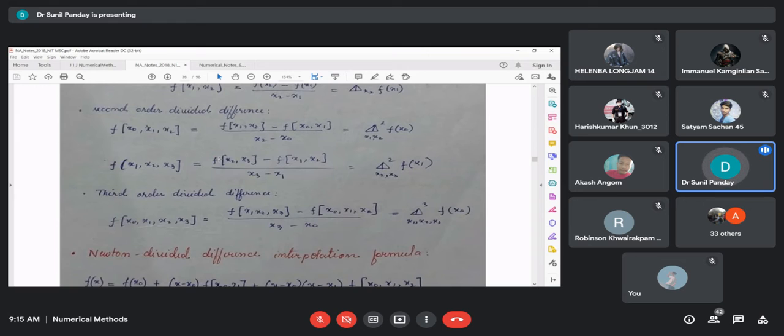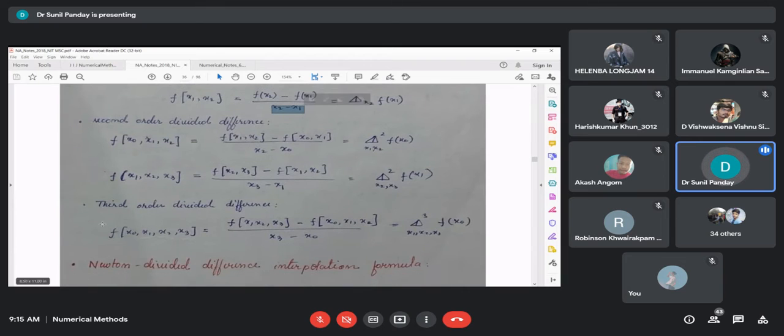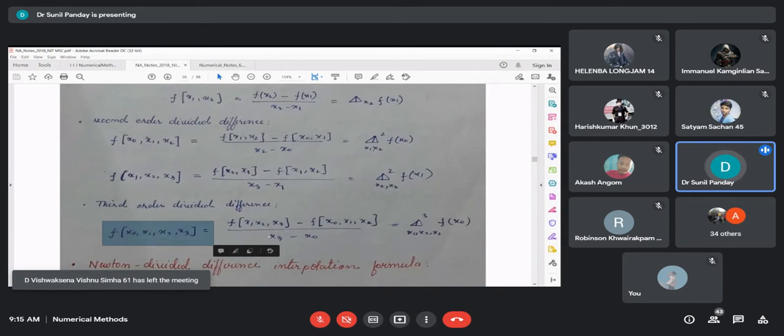And in this I require this one, so I substitute this value from here. Now I have f of x2, f of x1, x2 minus x1. So finally I can calculate this third order divided difference of x0, x1, x2, x3.